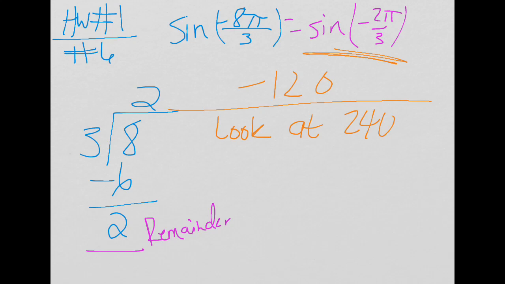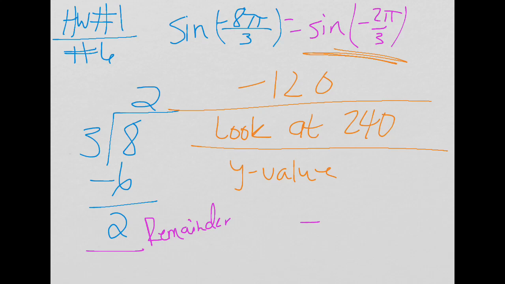If I go backwards 120 degrees on the unit circle, I'm at 240. So that's negative half. We're trying to find sine, so we only need to look at the y value.